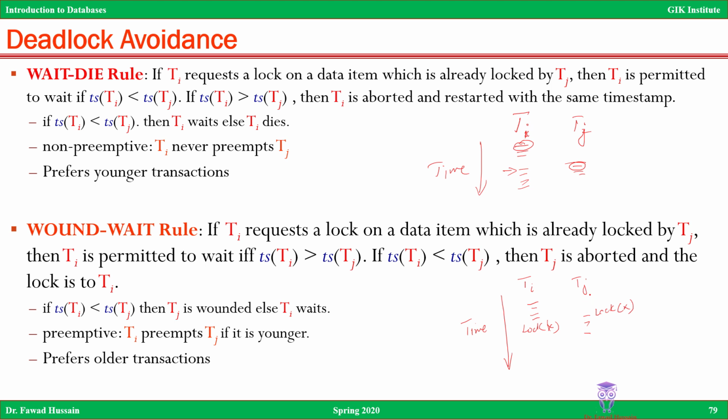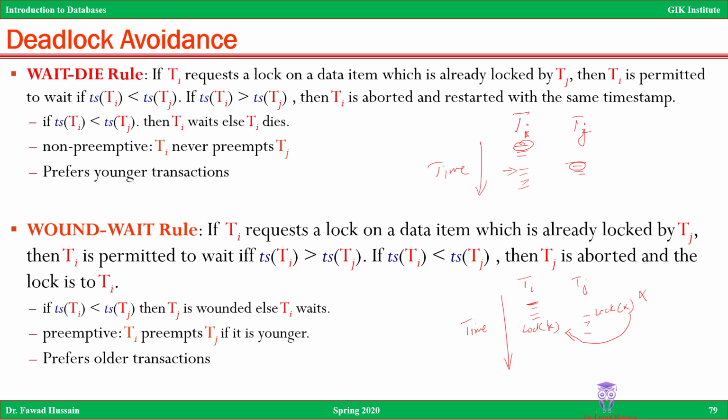It means that Tj has already locked x. However, Ti started before. So if the timestamp of Ti is greater than Tj, then it's going to wait. If it started later, then it's going to wait. Or in this case, since it started earlier, it means that Tj will be aborted and the lock will be assigned to Ti.